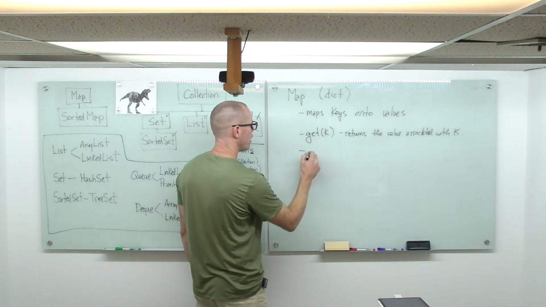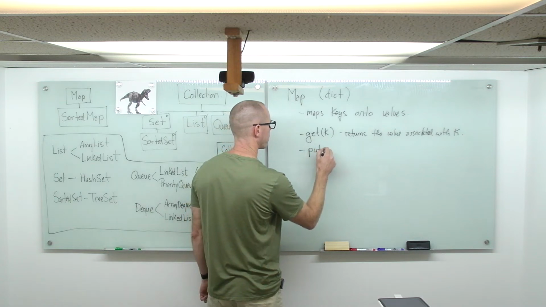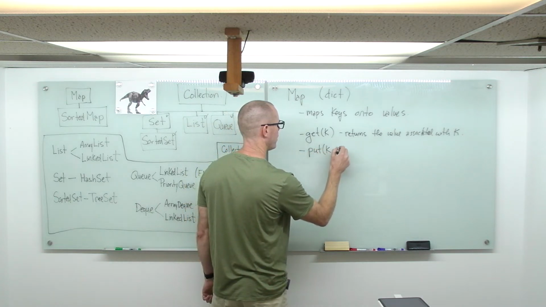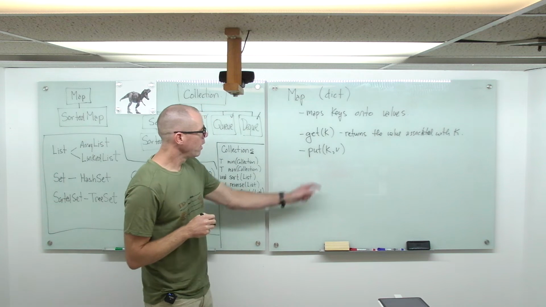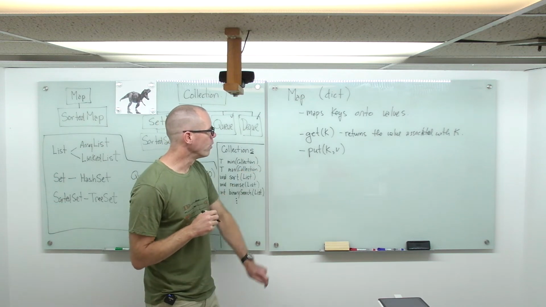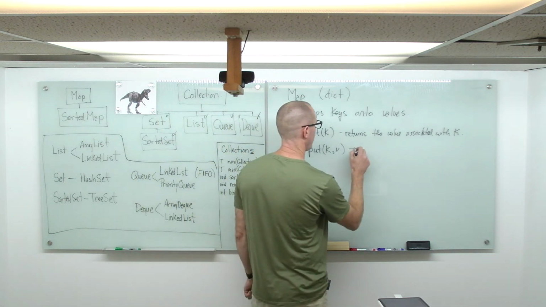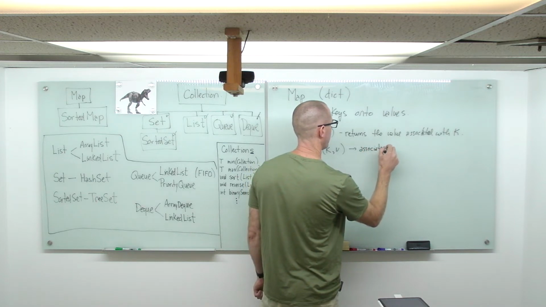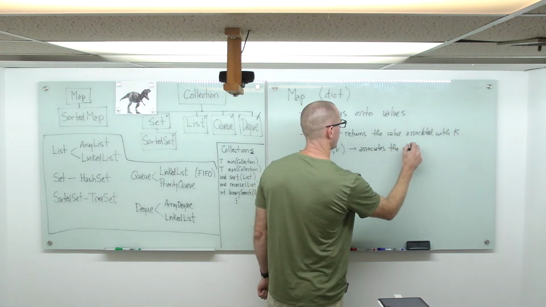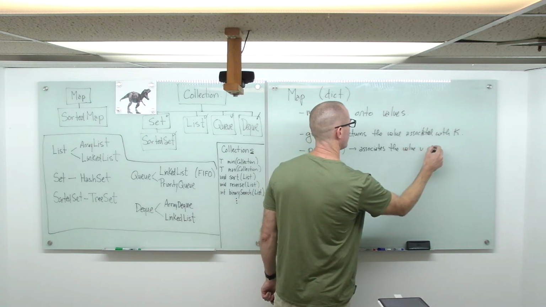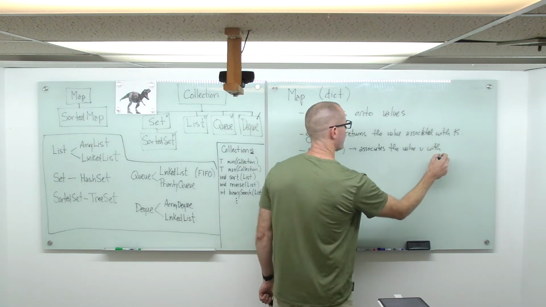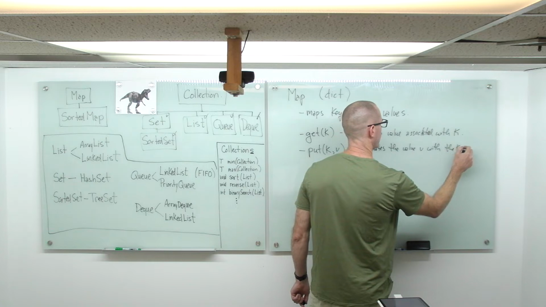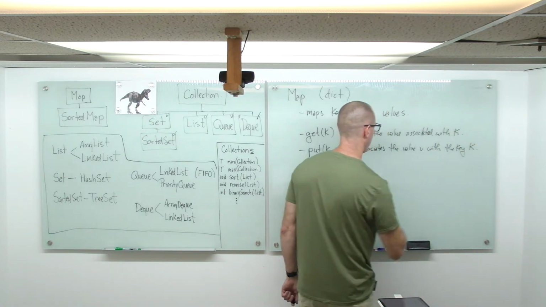And there is put. It takes two arguments, a key k and a value v, and it associates the value v with the key k.